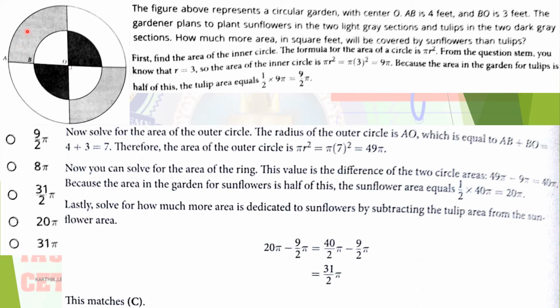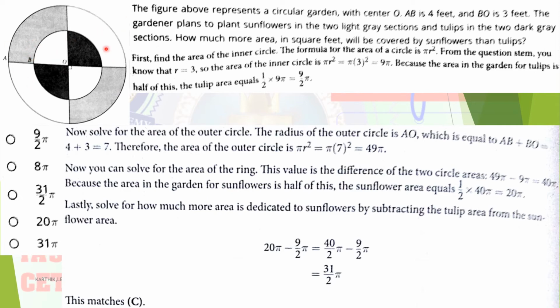Then how to find the sunflower area? First find the outer circle area, the total circle area, which is 4 plus 3, 7. Pi into 7 square is 49 pi. So 49 pi is the total circle area.